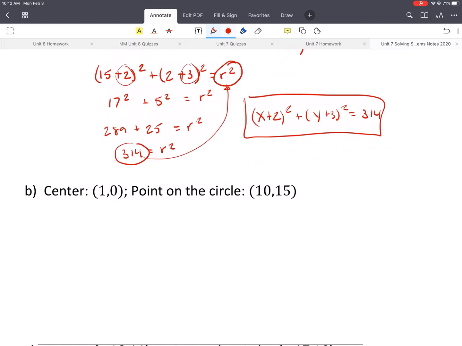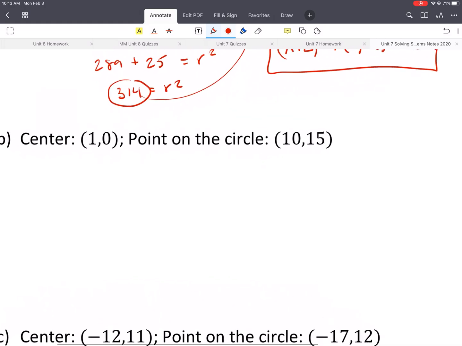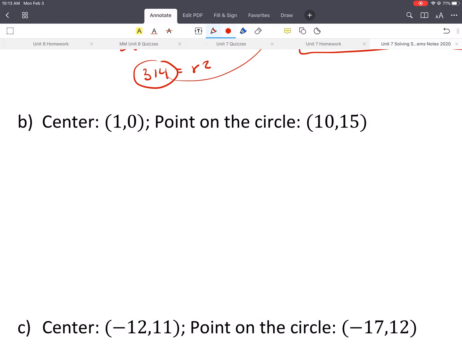Okay, so I'd like you to try B, C, and D. I think I had you work on that on the board. So here, this would be our center, h and k, x and y. So we'd do 10 minus 1 squared plus y is 15 minus 0 squared is equal to radius squared.